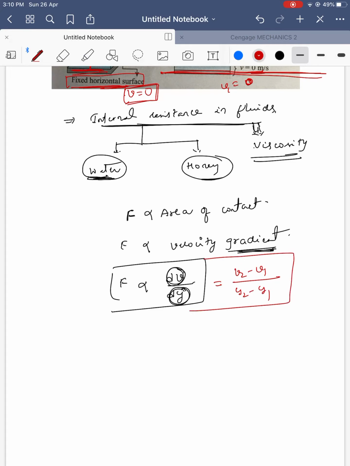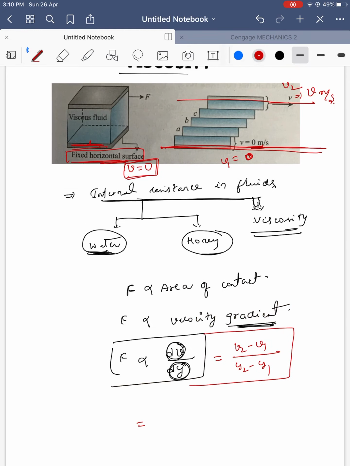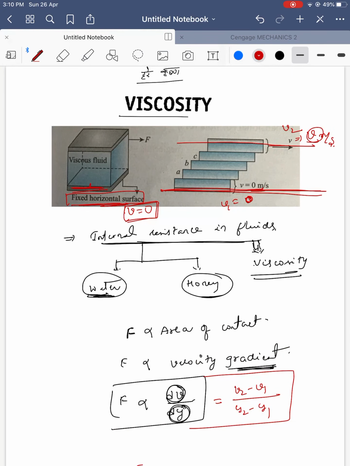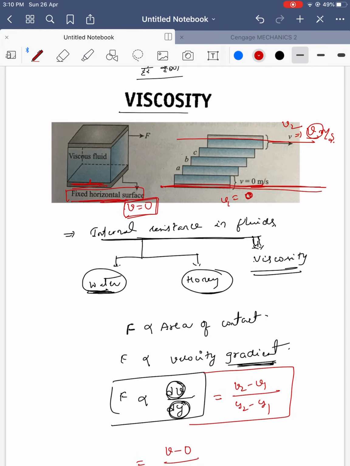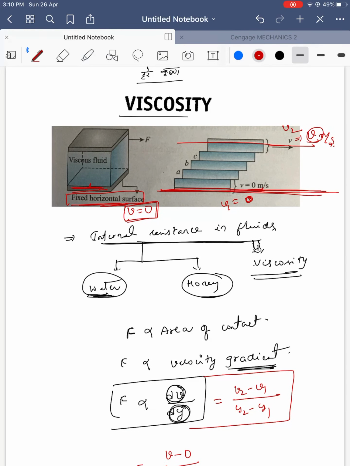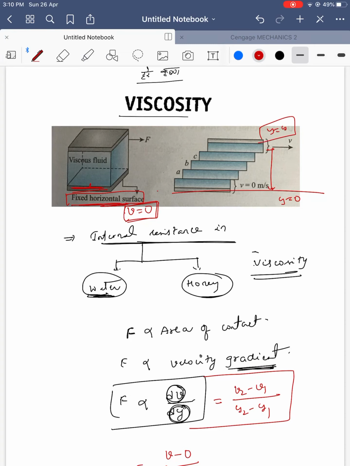At this position y is equal to 0, and let's assume at a distance y is equal to a.